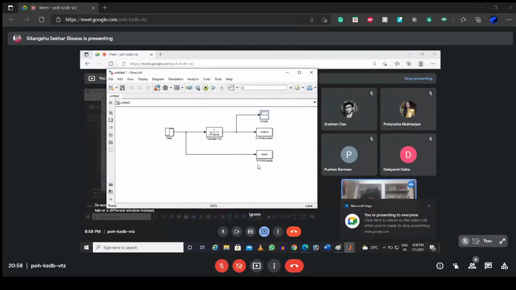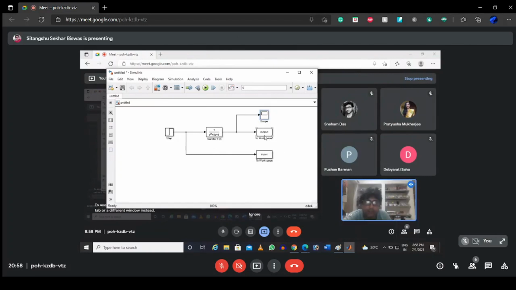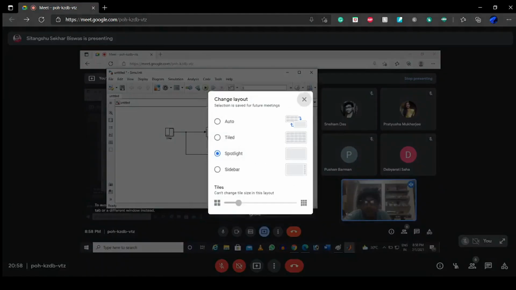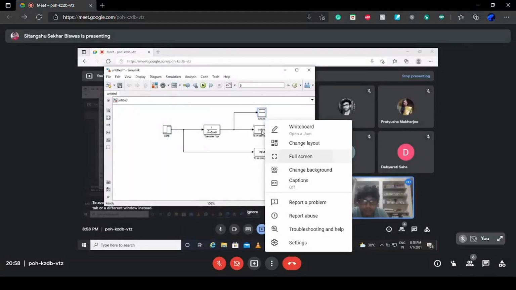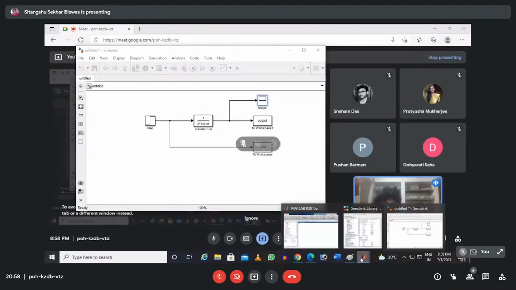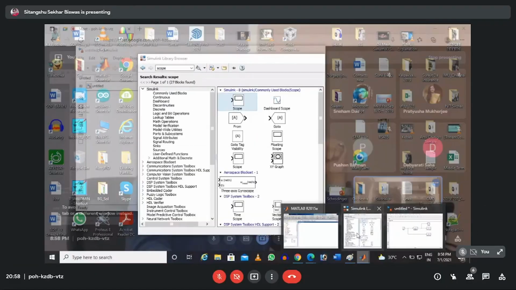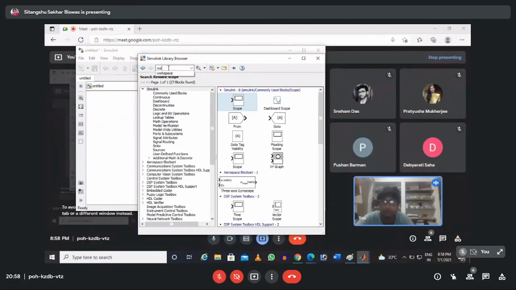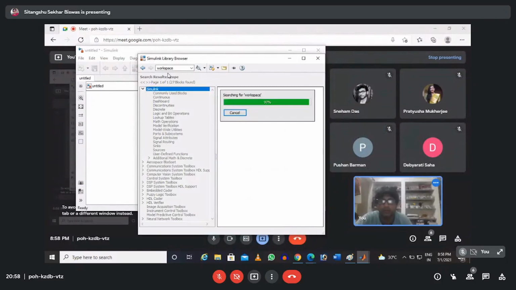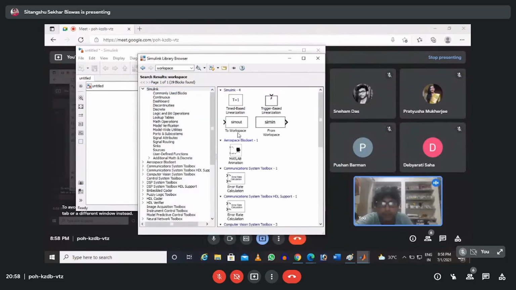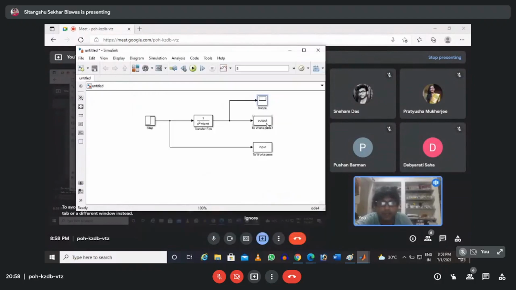Earlier there was a problem, because if we use the scope, the data type was not matching. So there is a tool, because you see, these are 2 workspace blocks, so this is matching actually. That's why I use that.